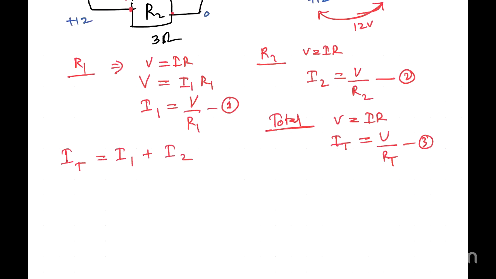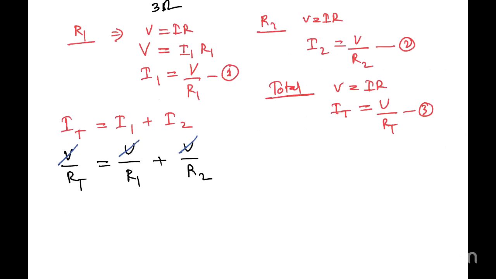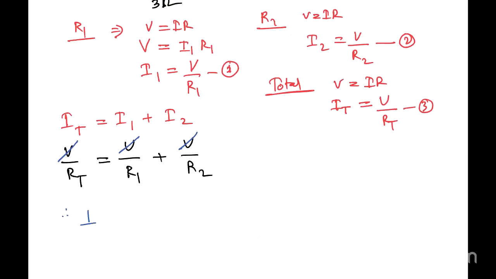So then I can apply 1 and 2 and 3 here. So it is going to be V over RT equals V over R1 plus V over R2. So here you can see voltage values are the same. So it will be like this. And finally, 1 over RT is equal to 1 over R1 plus 1 over R2. And you can rearrange this equation once again.